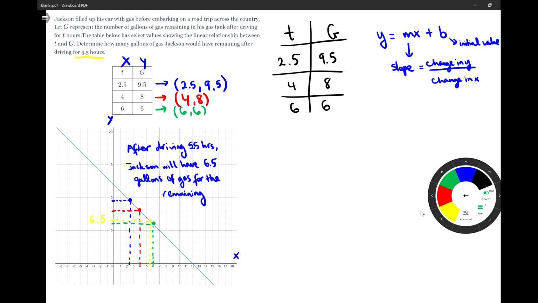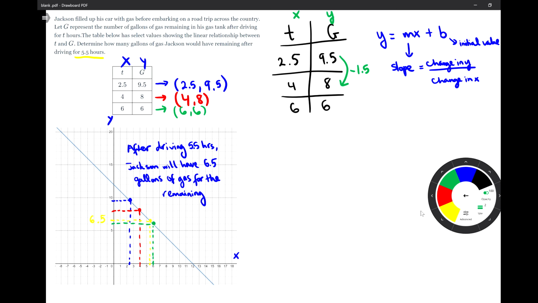If we want to find the change in y each time, let's see from the first one to the second one, what is the change in y? The change is the difference between them. From 9.5 to 8, we subtract 1.5, right?